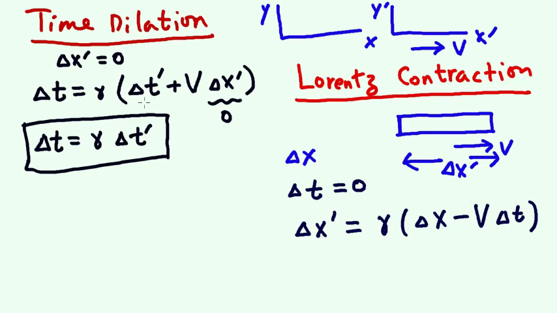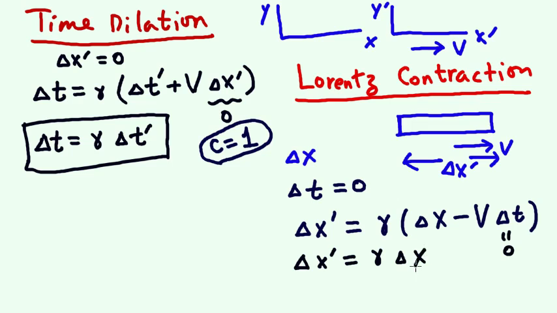And here, especially, we are using the unit system where c is 1, as I often do. Now in this equation, what you can do is put delta t equals 0, so that term disappears. So that means delta x prime equals gamma delta x. And remember, this delta x prime is the true length of the object measured in the rest frame of the object.